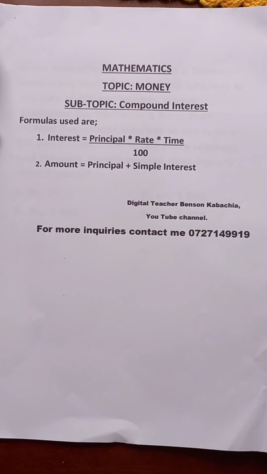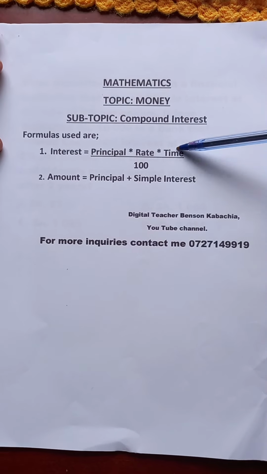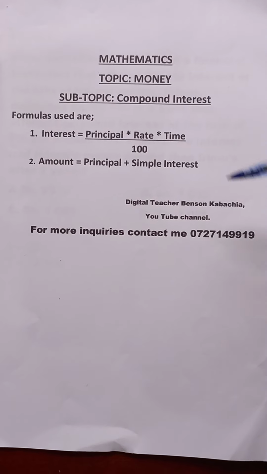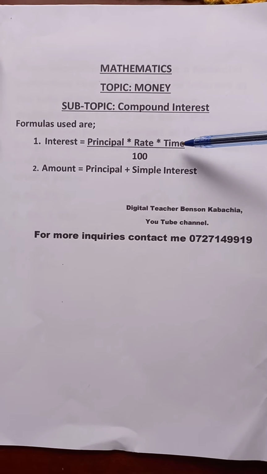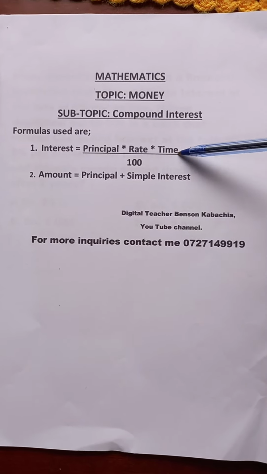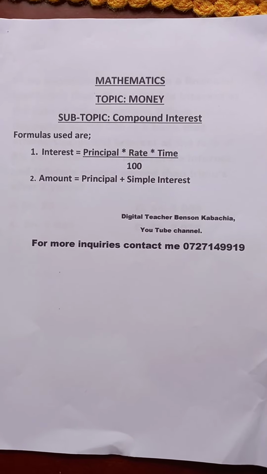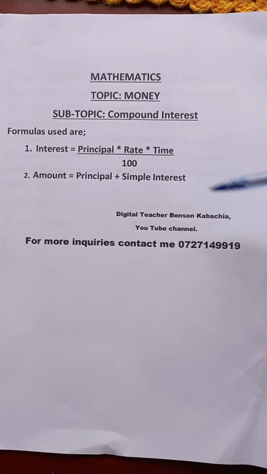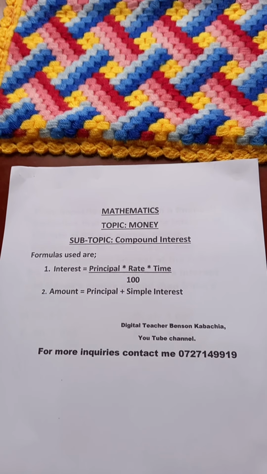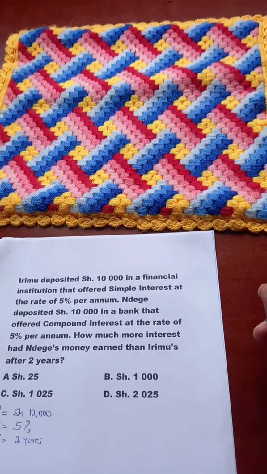So interest is equal to principal times rate times time over 100. Remember, our rate is always given in percentage. Time can be in years or months, but in our case, we are going to dwell more on per annum. Then the amount is the money that you get in your account or you pay back, which is principal plus interest.